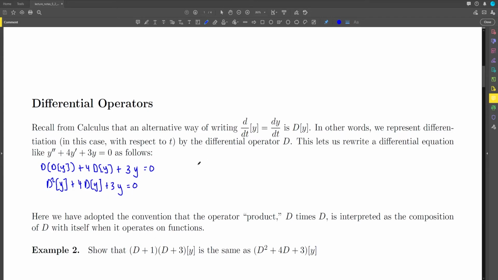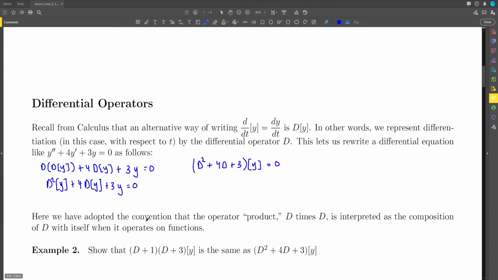And we can basically factor out a y here. It's not really factoring out, but an alternate way of writing this is D squared plus 4D plus 3, written as a new differential operator that acts on y, and that is equal to 0.